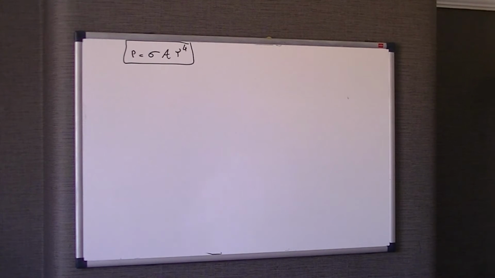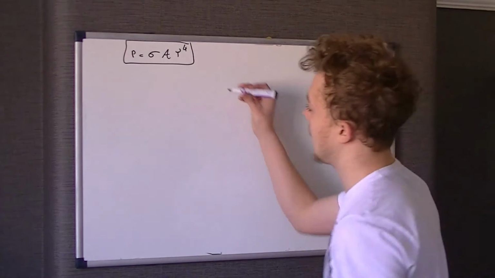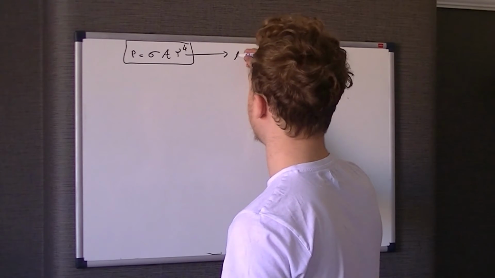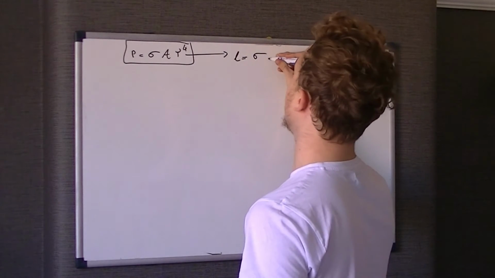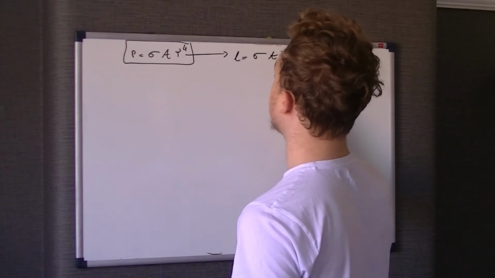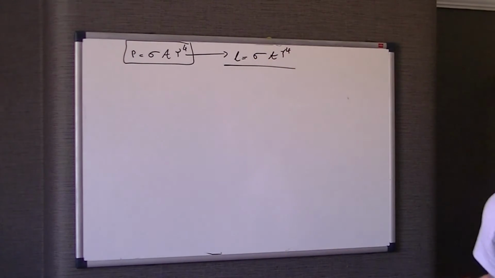So with this power equation that we've got on the board, because the luminosity is equal to the power output, and this is the power output equation, we can just put the luminosity equal to that. And it means exactly the same thing, okay? If you get asked to calculate the luminosity, you should know it's the same as power, so we can use this Stefan's law equation, okay?